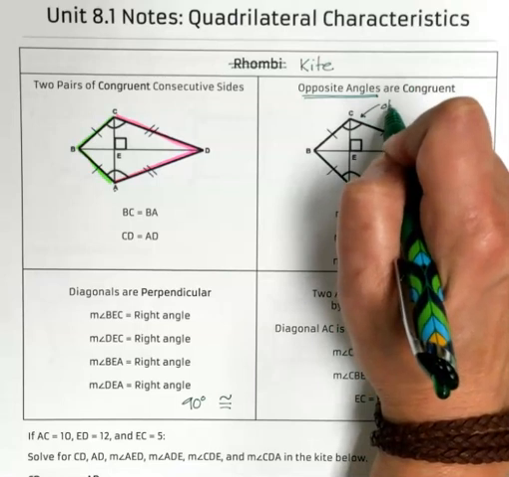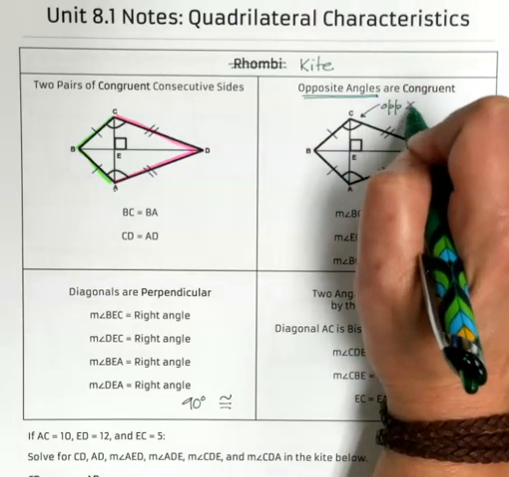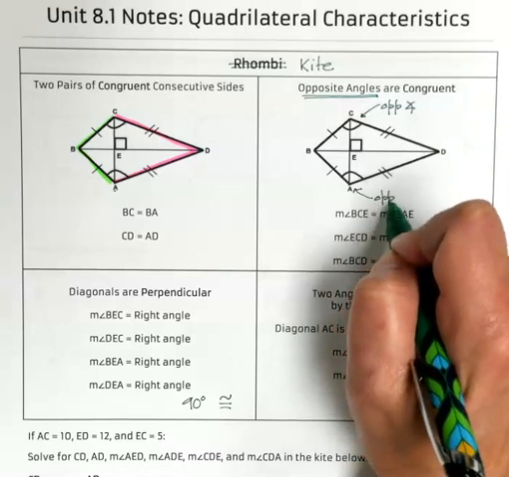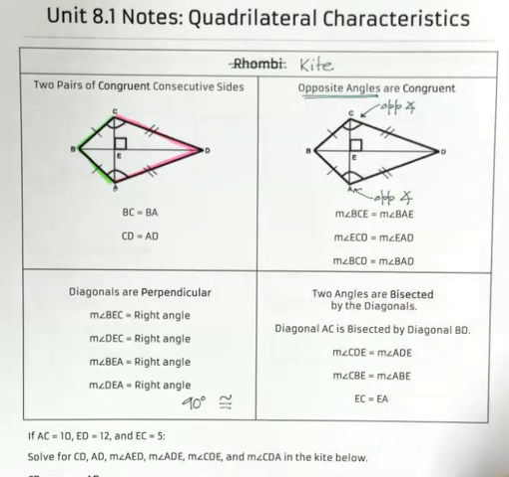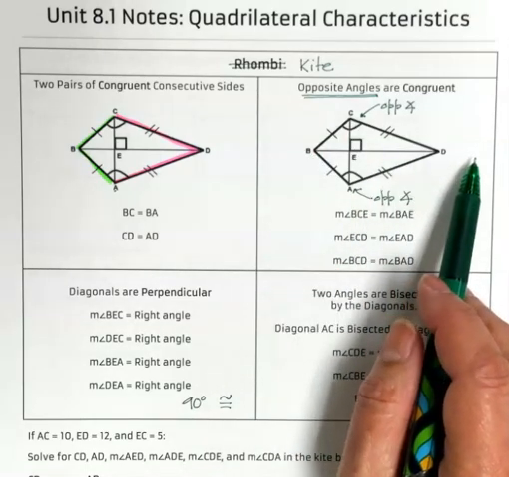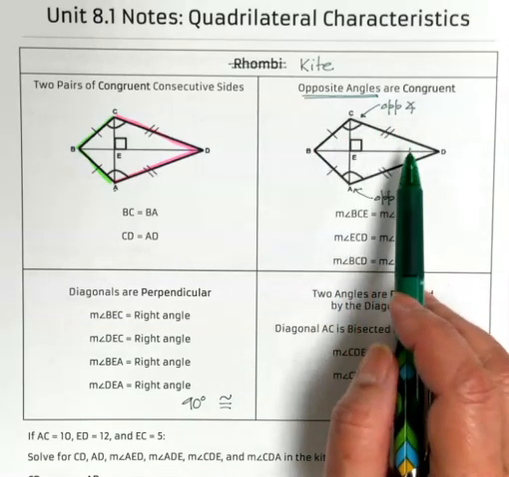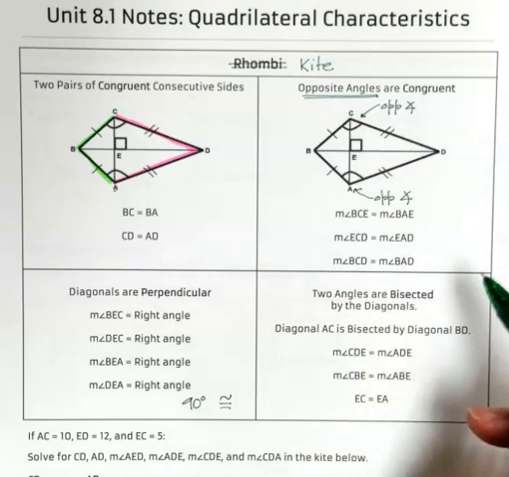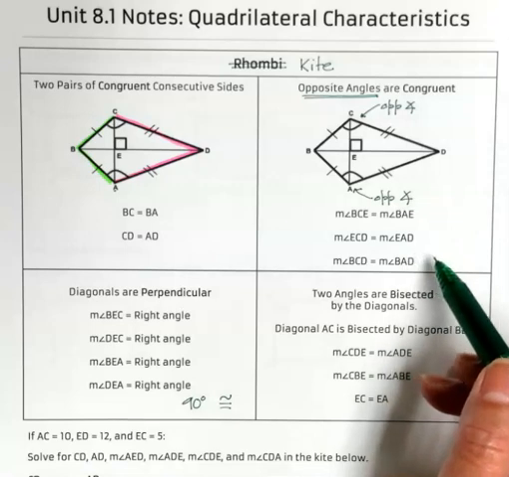So this is an opposite angle, and this is an opposite angle. So it's not enough to just say they're across from each other, because B and D are across from each other, but they are not opposite and they are not congruent.